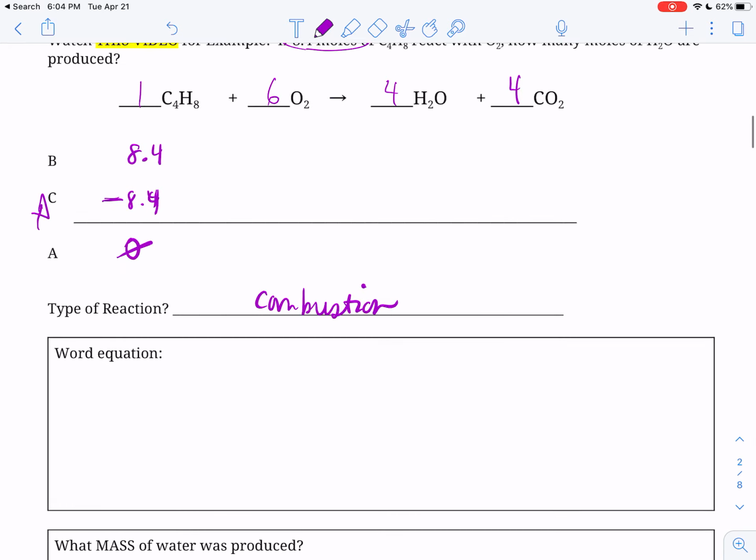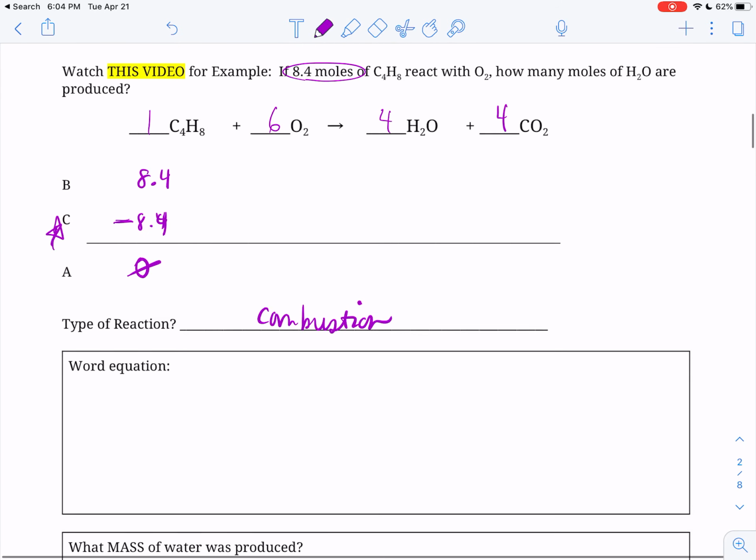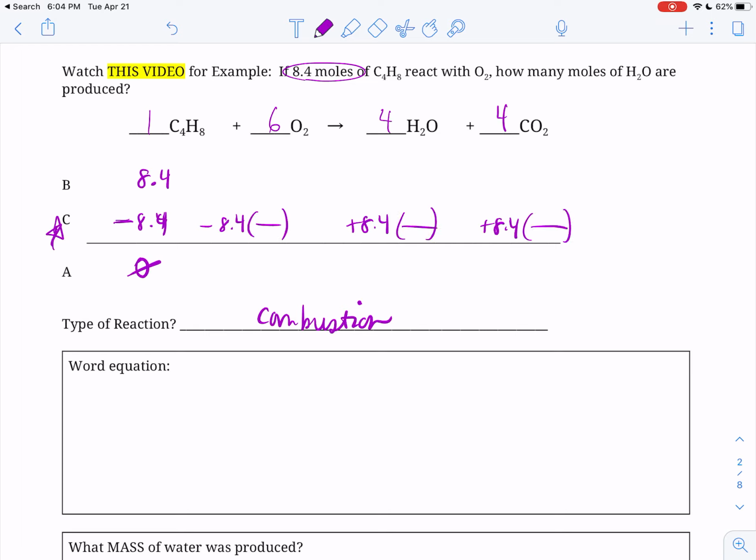Remember your change line is the one that is the important one. So I'm going to carry across this 8.4 because everything is going to be based on that amount. Okay, and then I'm going to put my ratios. Okay, so the given is this one. So that's why that's going to carry across in the change line.